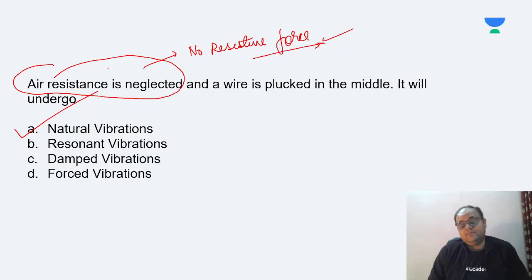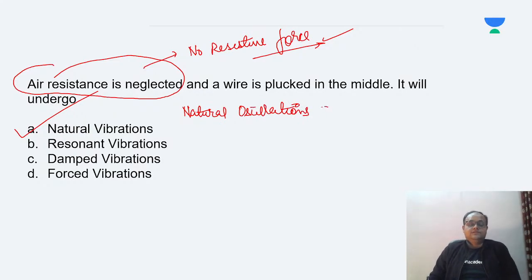The body undergoes natural vibrations or natural oscillations, right? So what will happen? The body will undergo natural oscillations. Done. So if we neglect the air resistance and we plug a wire in the middle, it will start undergoing natural oscillations.